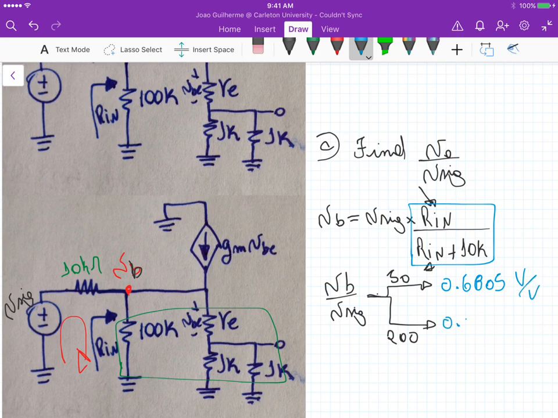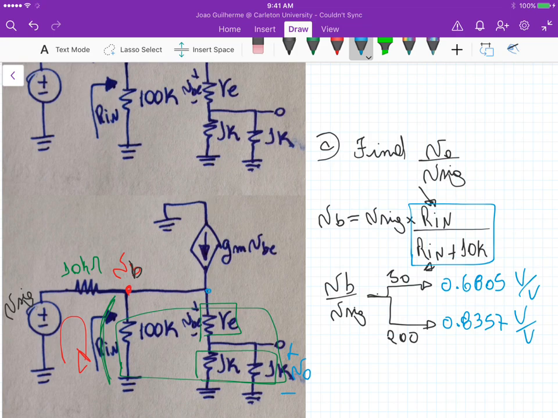and 0.8357 volt per volt for beta equals 200. And now we can establish a relationship between VB and V out. It's just a matter of applying a voltage divider between RE and this parallel here, because this here is V out, right?